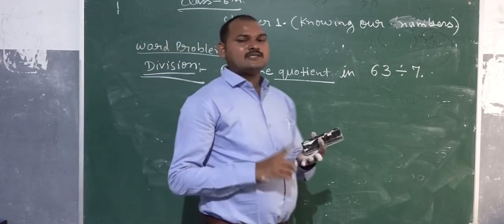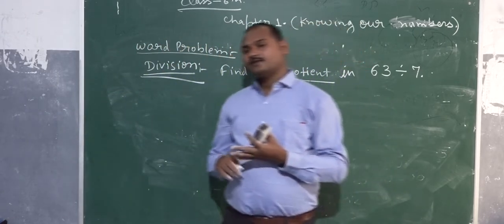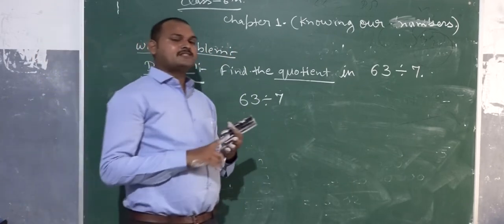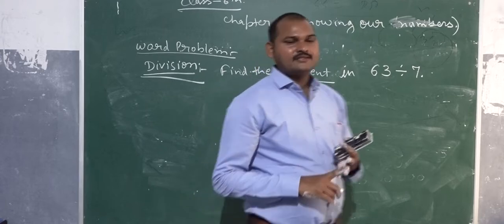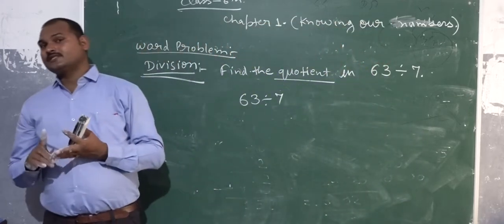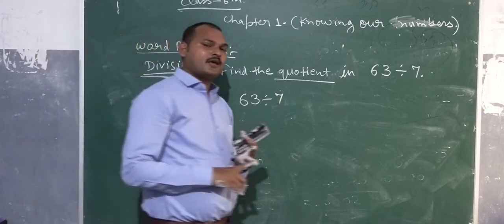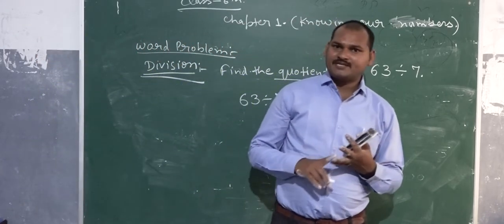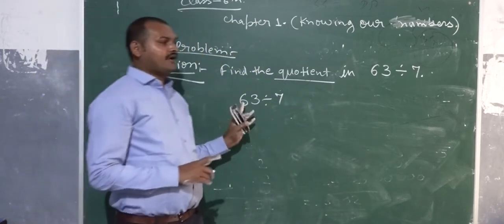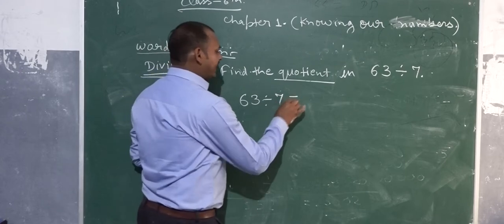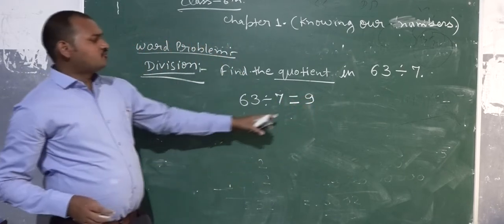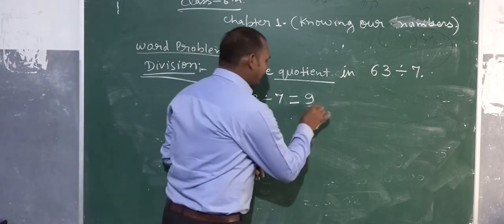So we start: 7 1s are 7, 7 2s are 14, 7 3s are 21, 7 4s are 28, 7 5s are 35, 7 6s are 42, 7 7s are 49, 7 8s are 56, 7 9s are 63. Here we get 63. How many times? 9 times 7 is equal to 63. So the quotient is 9.